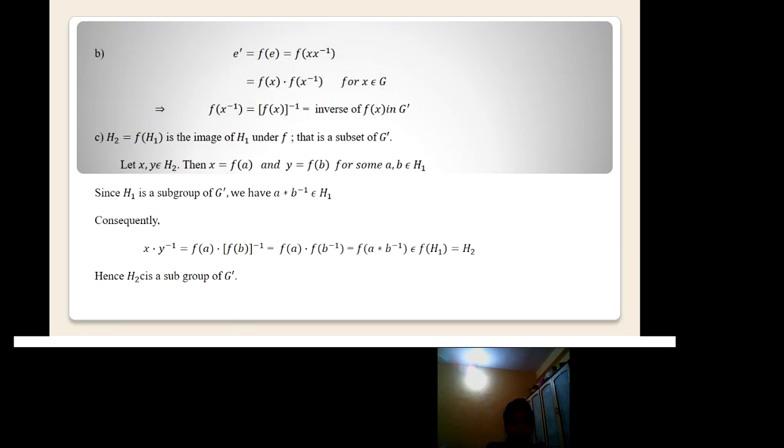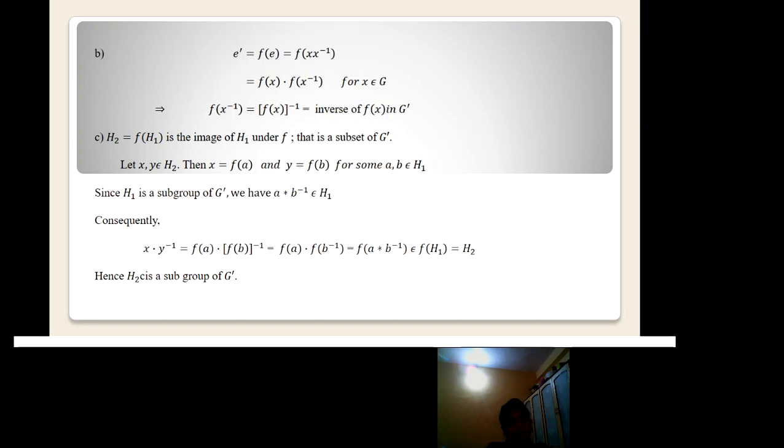Second, E dash equals f of E equals f of x into x inverse equals f of x into f of x inverse for all x belonging to G. This implies that f of x inverse equals f of x bracket inverse, the inverse of f of x in G dash.